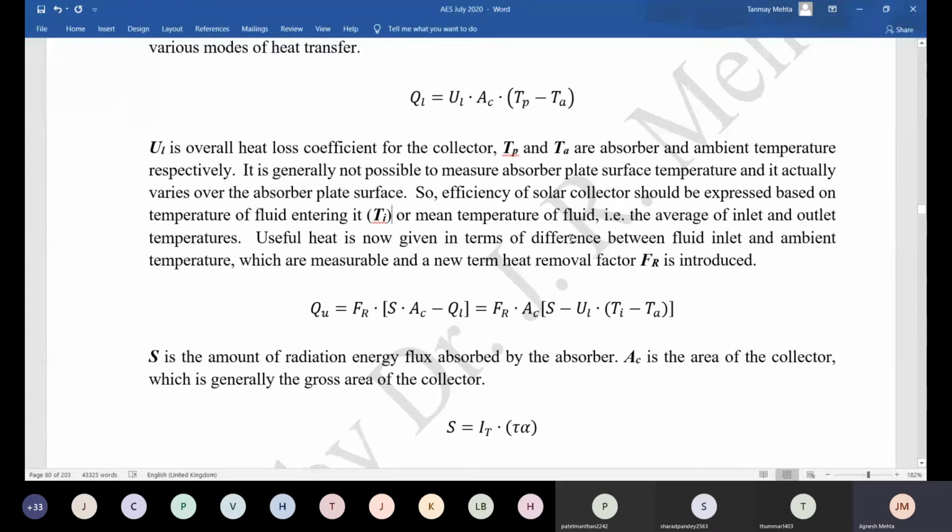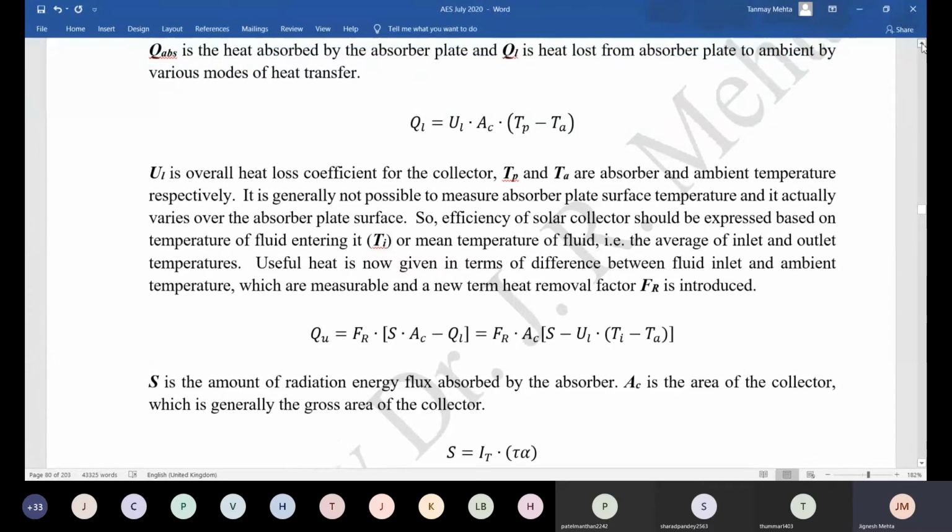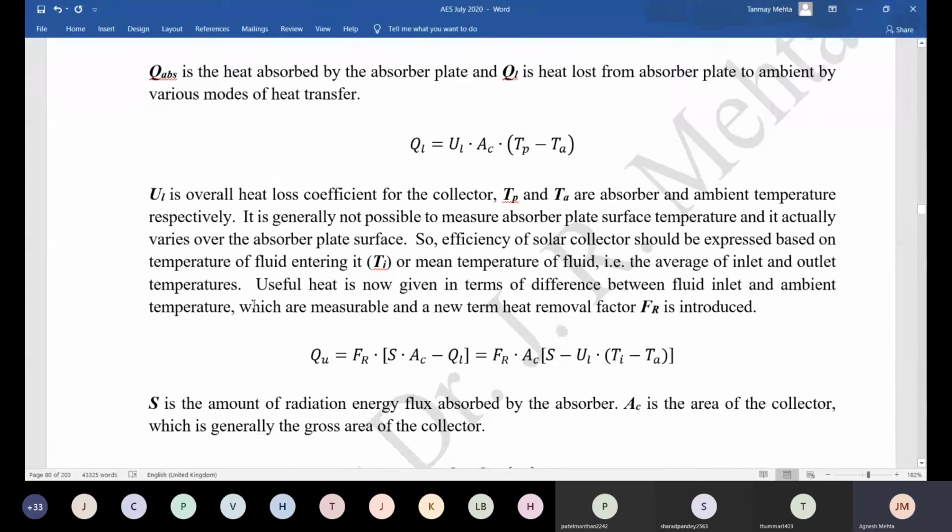Or sometimes the mean temperature of the fluid is also used in some of the standards to replace the TP. So when you do that, you are introducing one constant or one parameter, which is called heat removal factor, this FR.